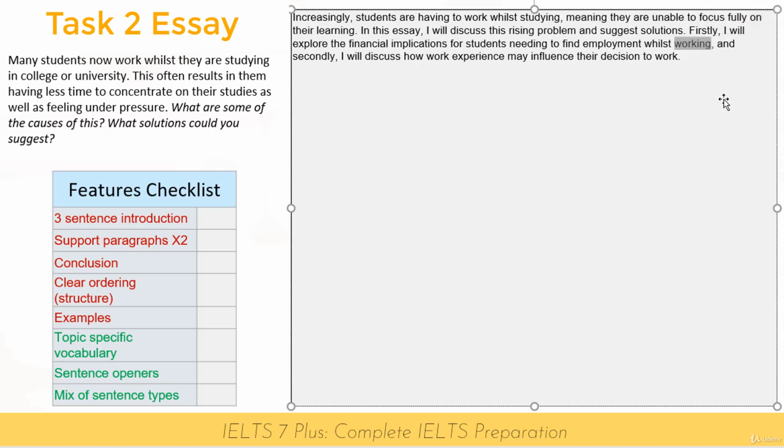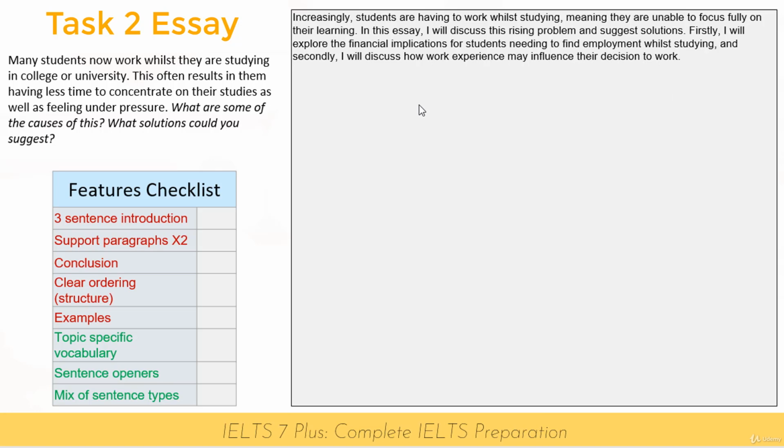And I've realised I've said whilst working, so whilst studying. That highlights it's quite important to try and quickly read back your writing, which I would definitely recommend you do. And secondly, I will discuss how work experience may influence their decision to work. So I think that's a very strong 3-sentence introduction. So I can now move on to my support paragraph.